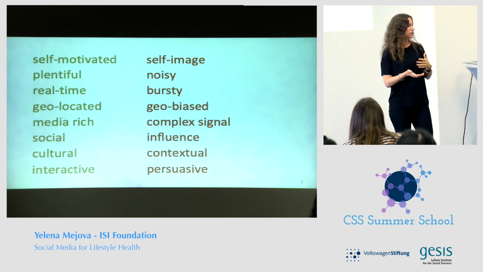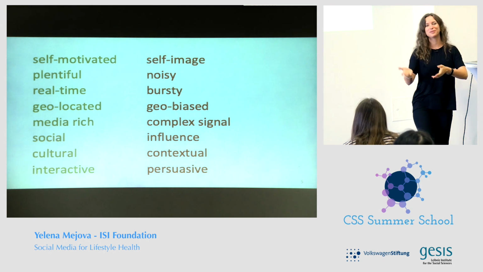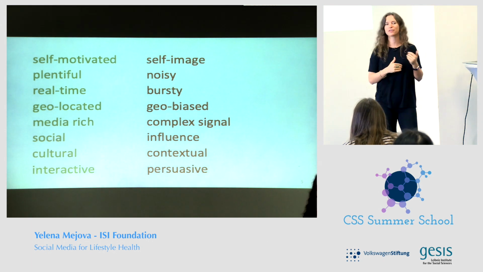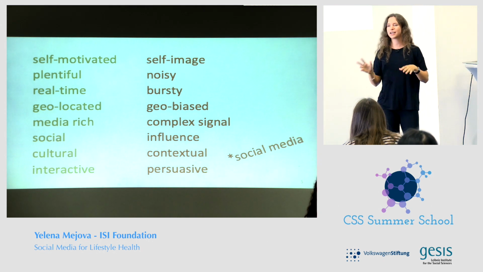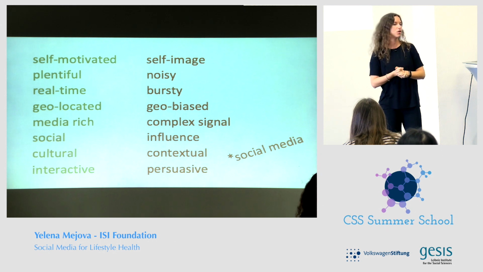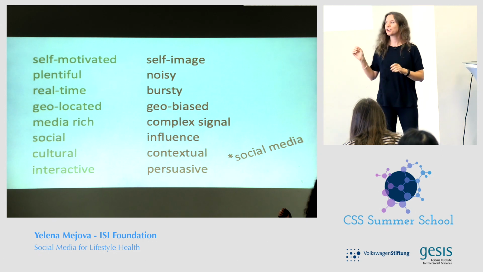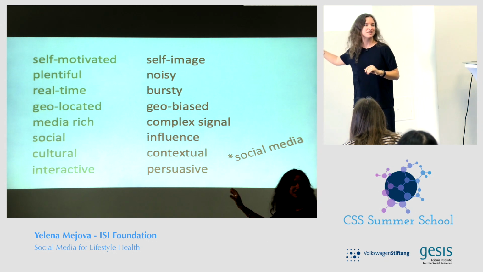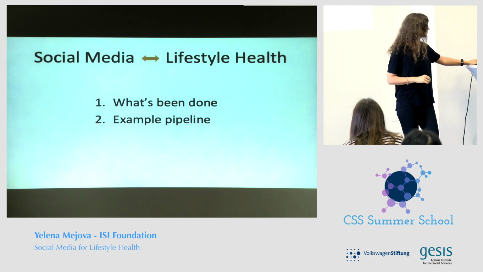So when we're trying to persuade people to behave a certain way, it might backfire and you have to be super careful. And plus, all of the asterisks, all of the biases of social media about self-selection, et cetera. So there are many cool things about it and many things you have to keep in mind.